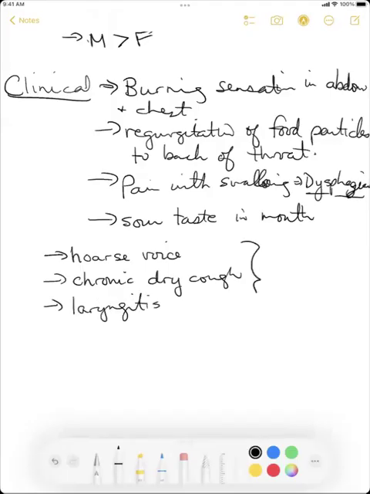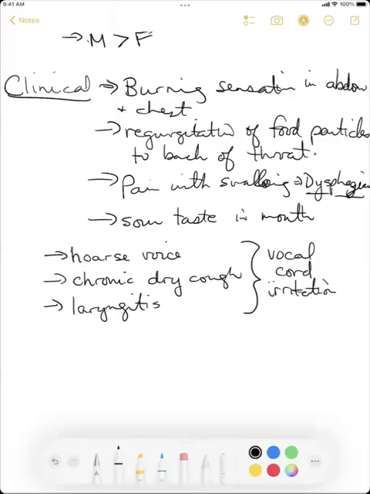And that's if there is vocal cord irritation. Some people have silent reflux to the point where they don't get any of the burning sensation, they don't get the regurgitation of food in the back of their throat or pain with swallowing, and their only manifestation is that hoarse voice, dry cough, laryngitis.